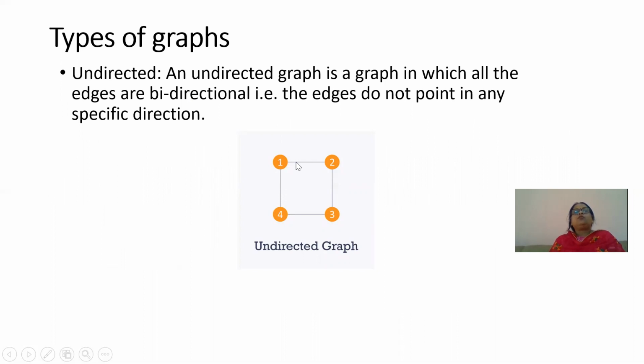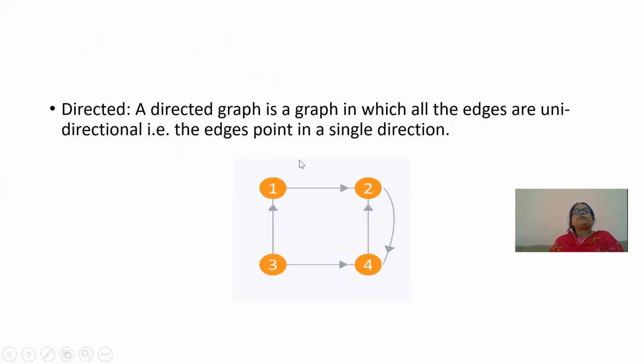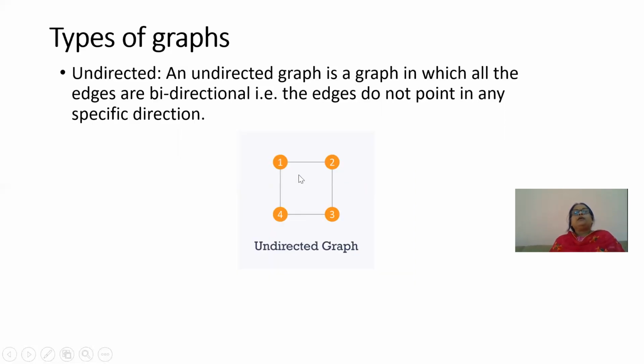If there is no direction in an edge, at that time the edge acts as bidirectional. In a directed graph, there is direction in the edge. It means it is from 1 to 2. Here there is no direction. It means it is from 1 to 2 and 2 to 1.